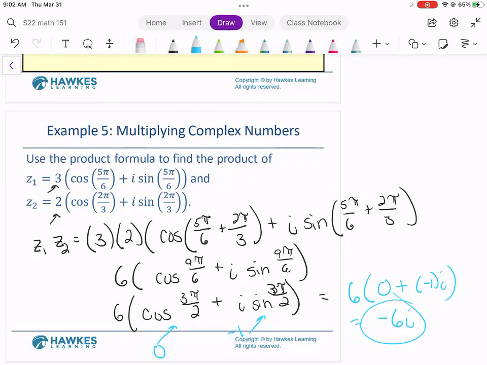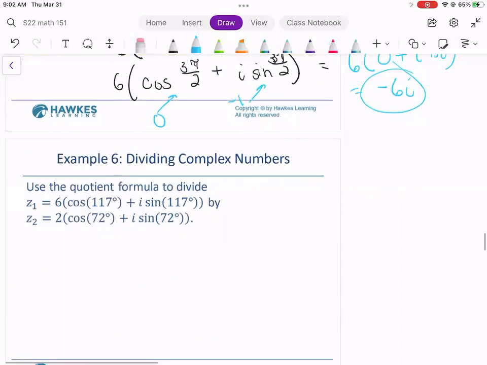If we want to divide complex numbers, we're going to use the same general process using our quotient formula. So we're going to have Z1 divided by Z2, which is going to be the magnitude of those two divided by each other. And then we're going to have the cosine of the two angles.